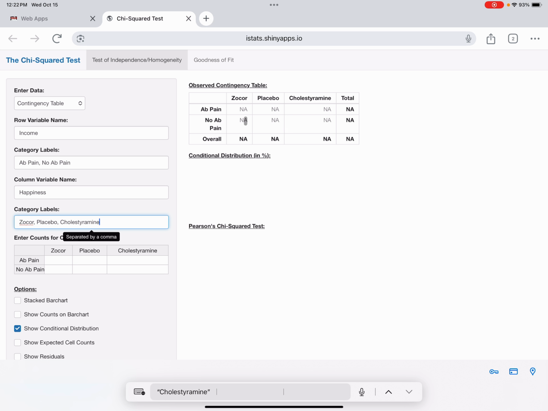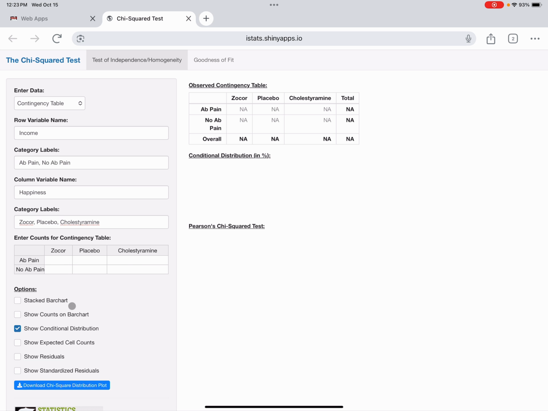To fill in these numbers here, I actually have to fill it into this table down here. So I'm going to click on the Zocor box and put in 51. Okay, 51. And then for the placebo, 5. And then for the cholestyramine, 16.